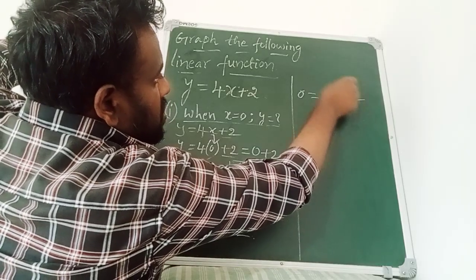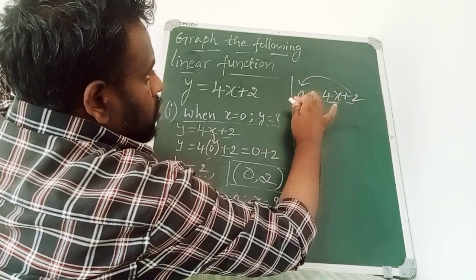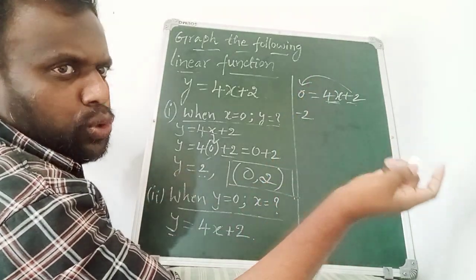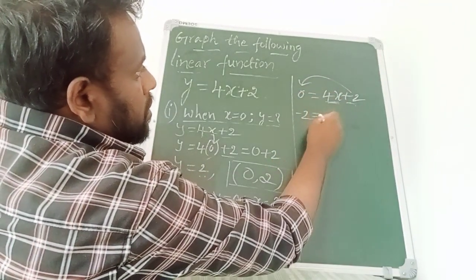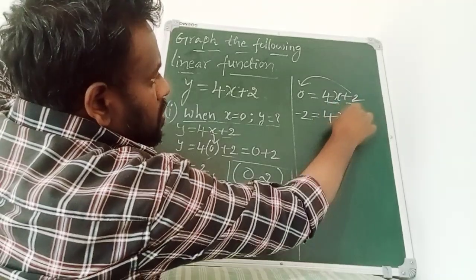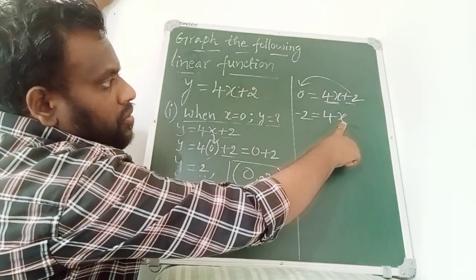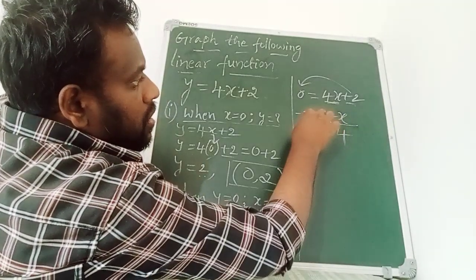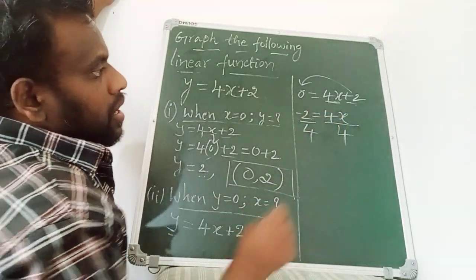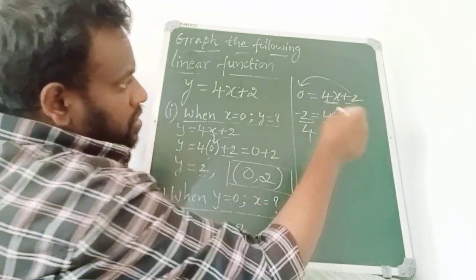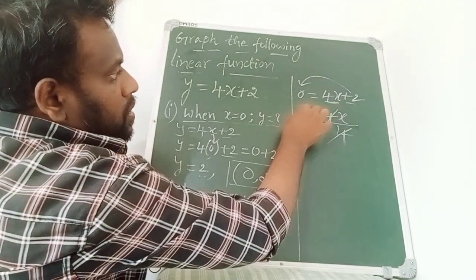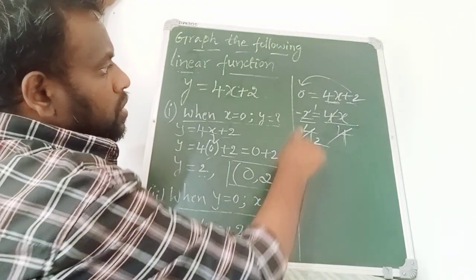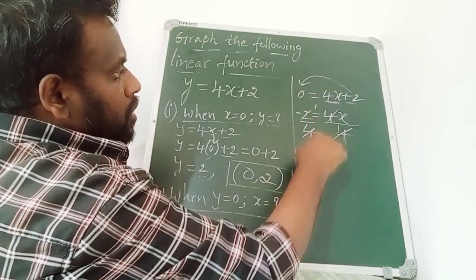Move this plus 2 to this side. When plus 2 moved this side, it will become minus 2. So 0 means nothing, you don't need to write 0 again. Put equal sign, and this 4x. So now we want x, we don't want 4. So divide both sides by 4. Now this 4 cancels. Here 2 ones are 2, 2 twos are 4. So minus 1 by 2.